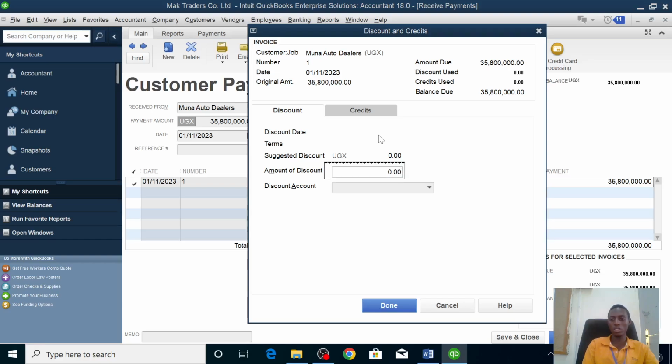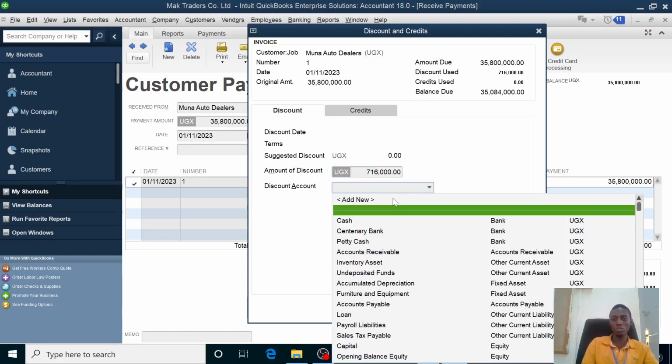I say equals. Then 2% is the same as 0.02 times the total amount or the original amount as 35,800,000. Say okay. I have to open a discount account where this amount has to be.